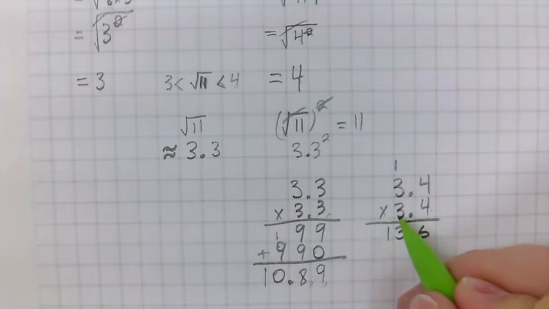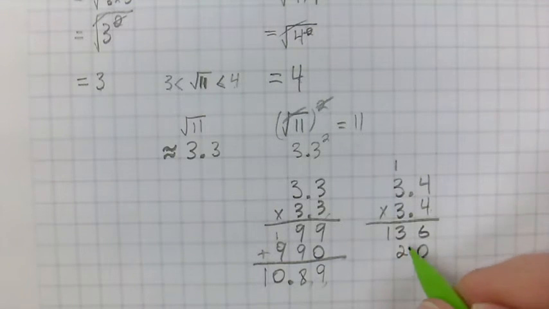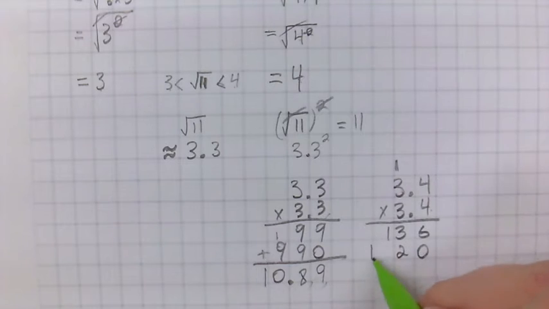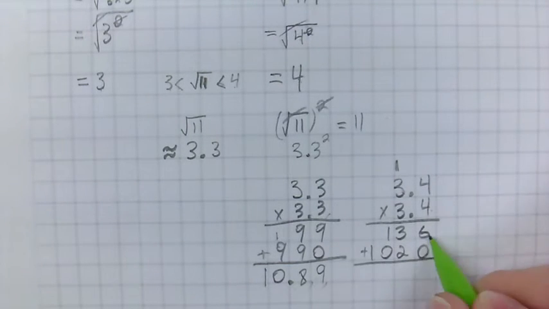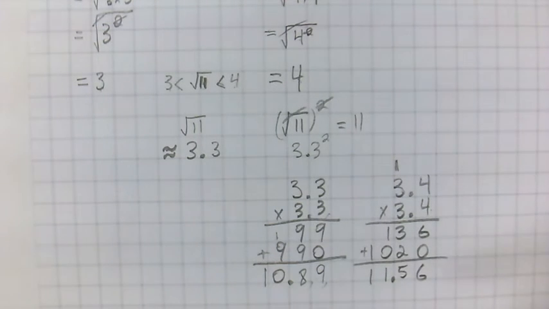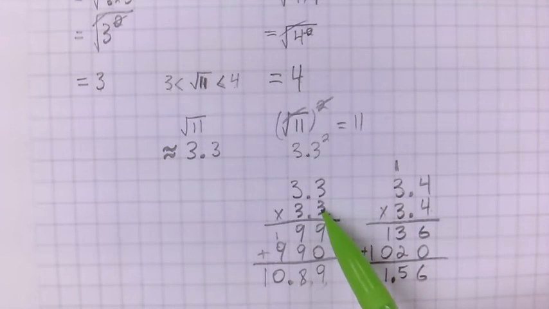Put down a 0. 3 and 4 is 12, still a 1. 3 and 3 is 9, plus 1 is 10. Add it up, 6. 3 and 2 is 5, 1, 1. And there are 2 decimals, so 11.56. Oh, we've gone too far. This is quite a bit higher than 11, which suggests to me that it's actually closer to this one than it is to this.